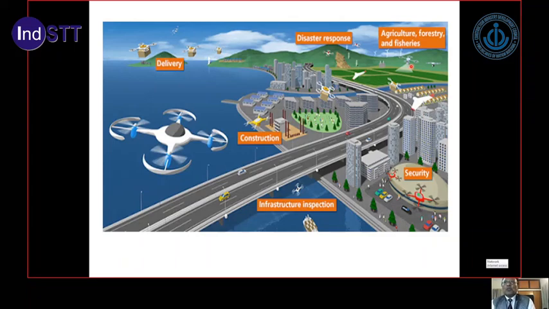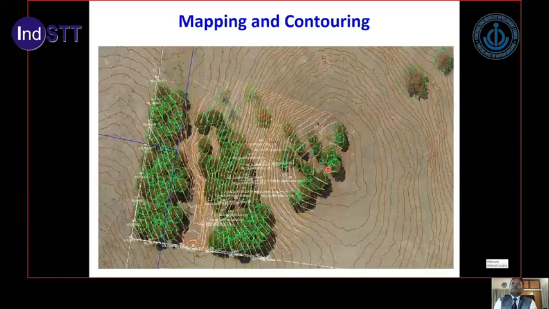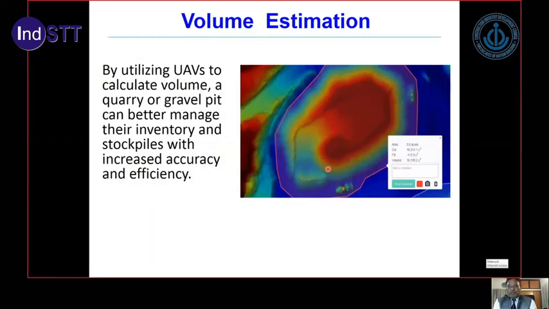You can see the brown lines here are the contours of the different heights. The green circles which you see are the tree crowns. Volume estimation: in our construction projects and infrastructure development projects, we many times have to calculate the volume of the earthwork. So it can be used to calculate the volume of the earthwork.